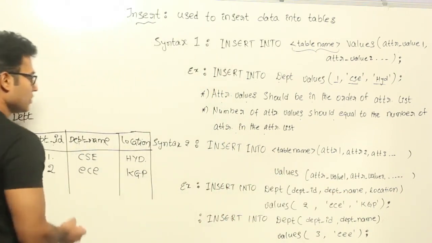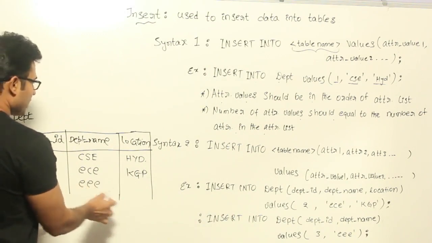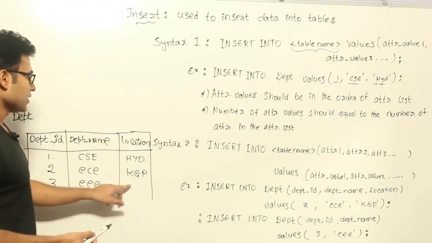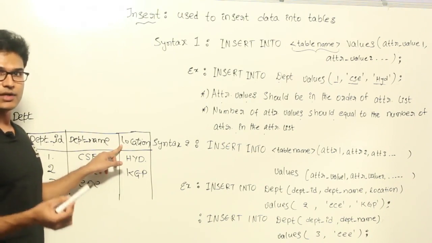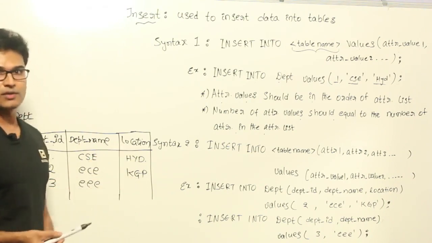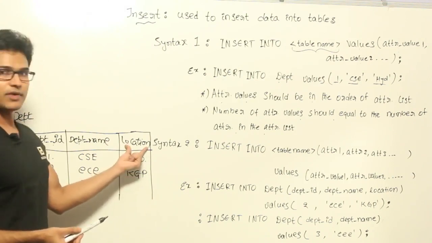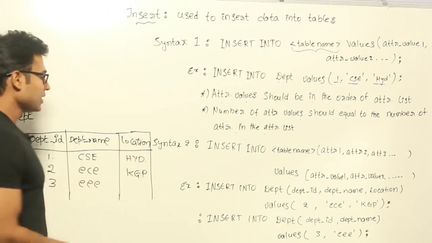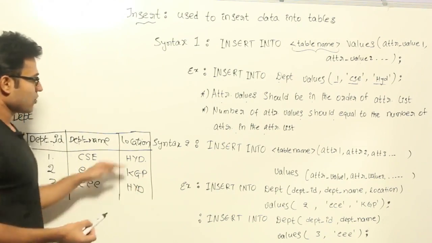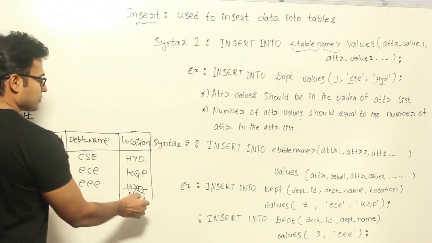Therefore 3 will be entered here and EEE will be entered here, and you are not mentioning anything about location. So there are two choices. If a default constraint is already specified on this location, then that default value will be used. Let us say while creating the table there is a default value for this and it is Hyderabad. Since you are not mentioning anything, Hyderabad will be taken. If you have not given a default value, then simply null will be considered.